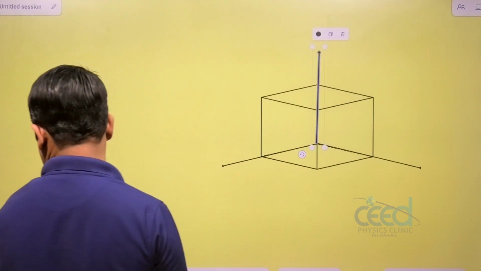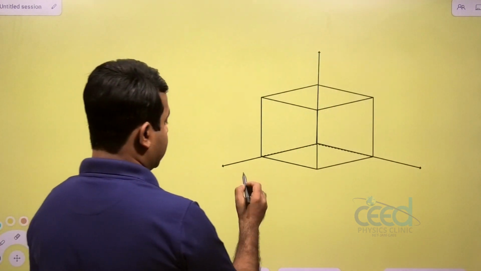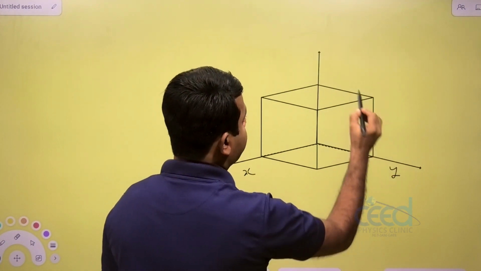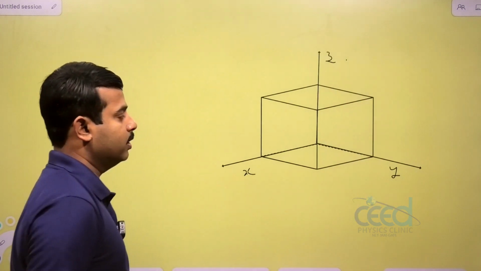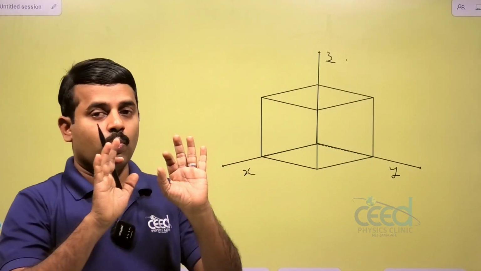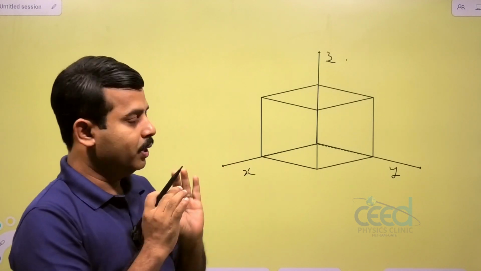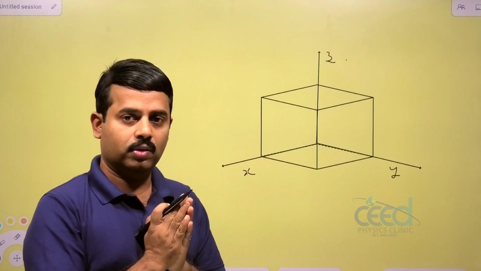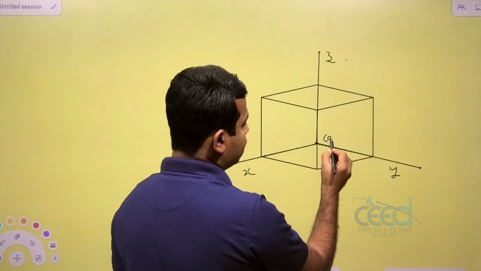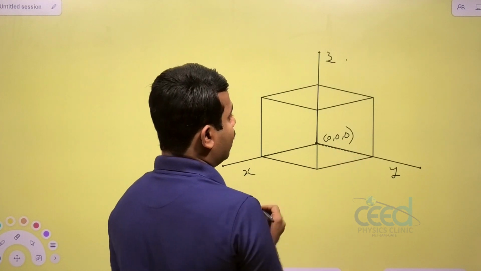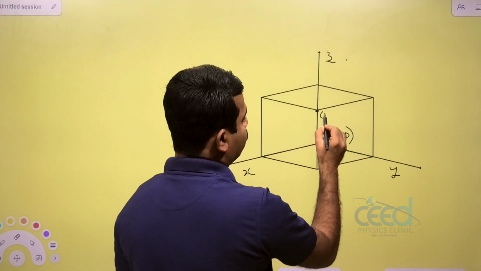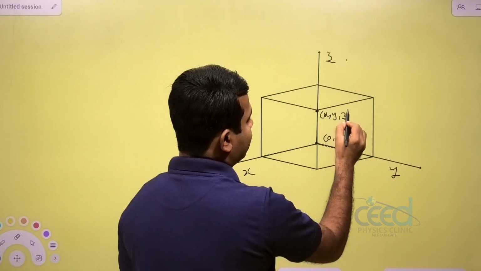Here I am choosing x, here I am choosing y, here I am choosing z. So in a Cartesian coordinate system, one cube we can represent like this. This part is the origin, and here we can use another point x, y, z.